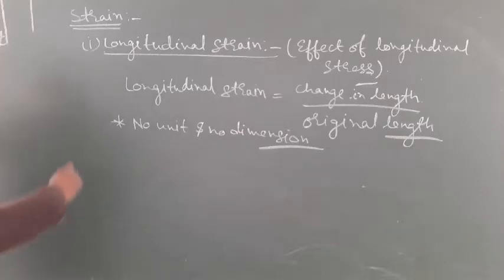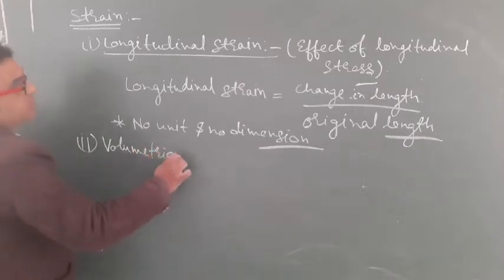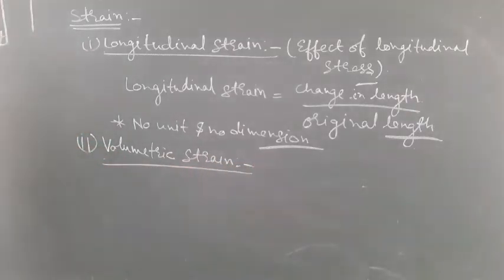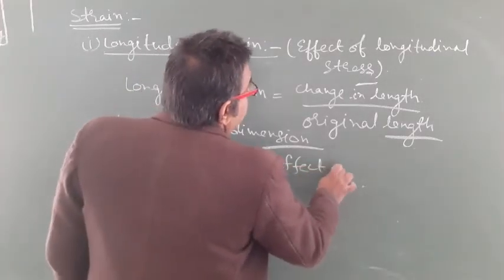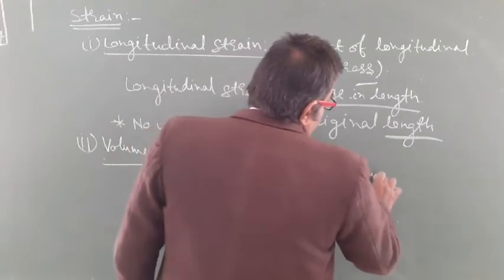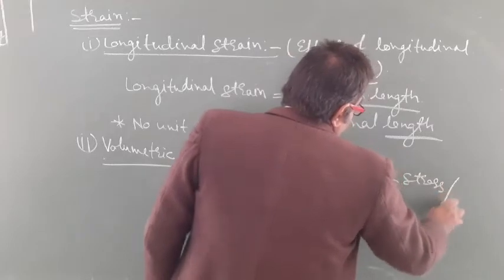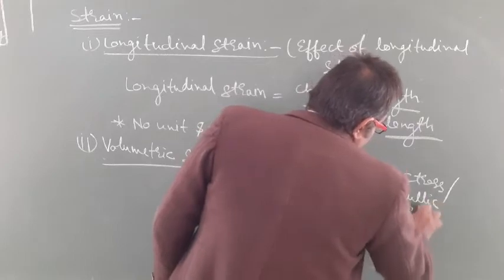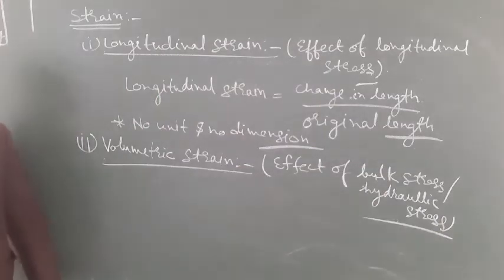Now the second type of strain is volumetric strain. Volumetric strain is the result, or the effect, of bulk stress or hydraulic stress.